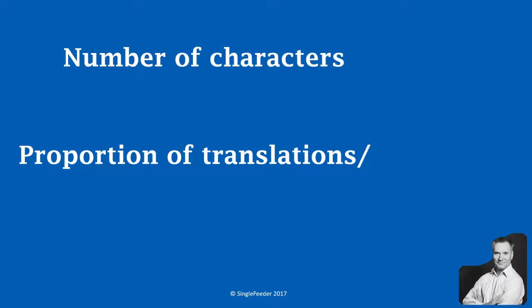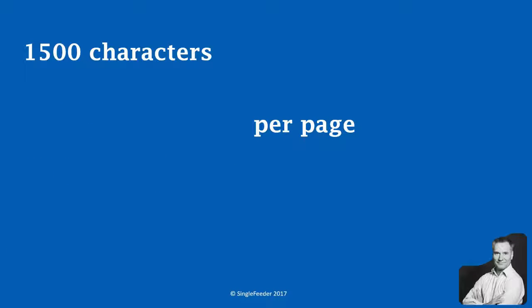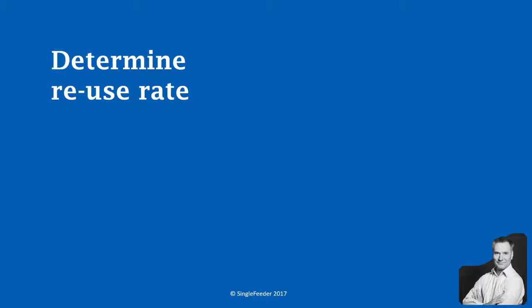It has proven well to apply 1500 characters to each page. So that means letters, numbers, and blanks. I will do this later on and convert all my documents to the respective number of pages.